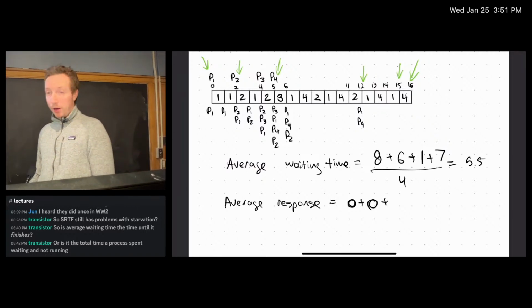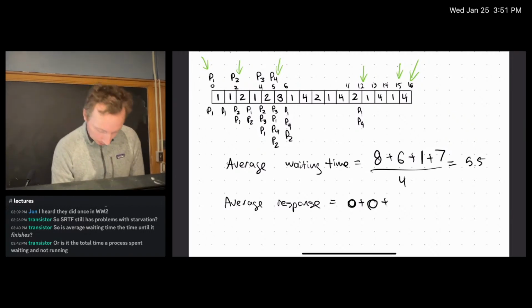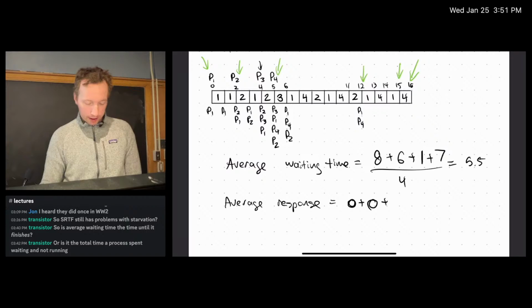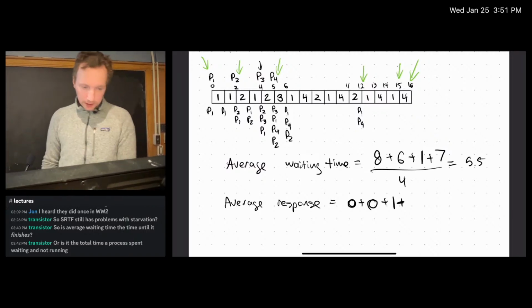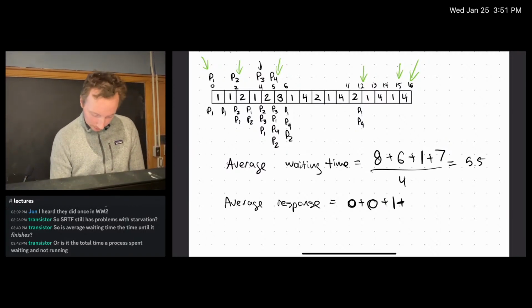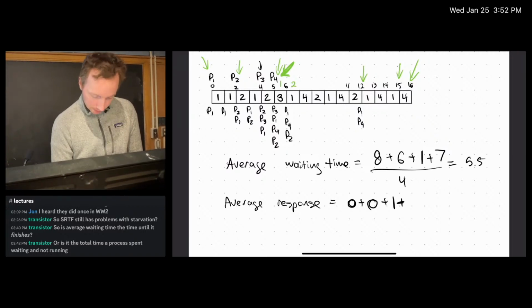Then next one was process 3. So it came in at 4, waited 1 round, and then it was scheduled next. So it waited around for 1. And then process 4 was the unluckiest of the bunch. It came in at 5 here, and it waited around for 1, 2 time units.